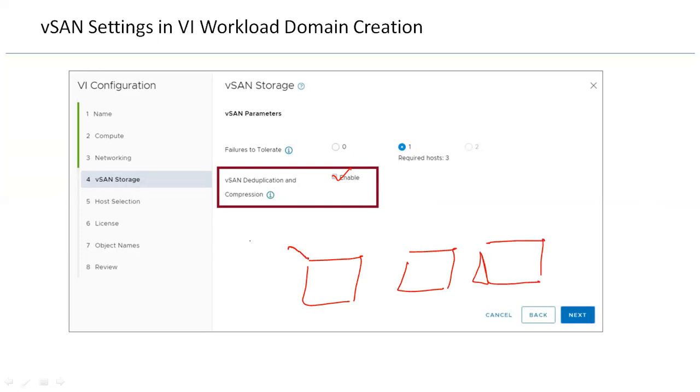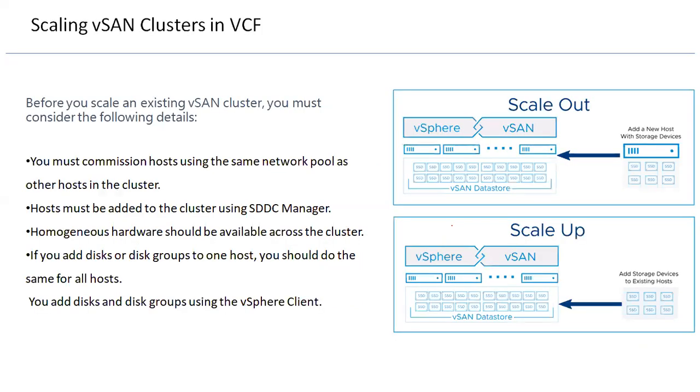You have to empty a disk group, then enable dedupe and compression, then bring the data back, then empty another disk group and enable the feature again. So this feature is enabled separately for each disk group. But if you are enabling it for the entire vSAN data store, you have to enable it for the entire set of disk groups. That's the important thing to keep in mind while enabling dedupe and compression. The next topic is vSAN cluster scalability.